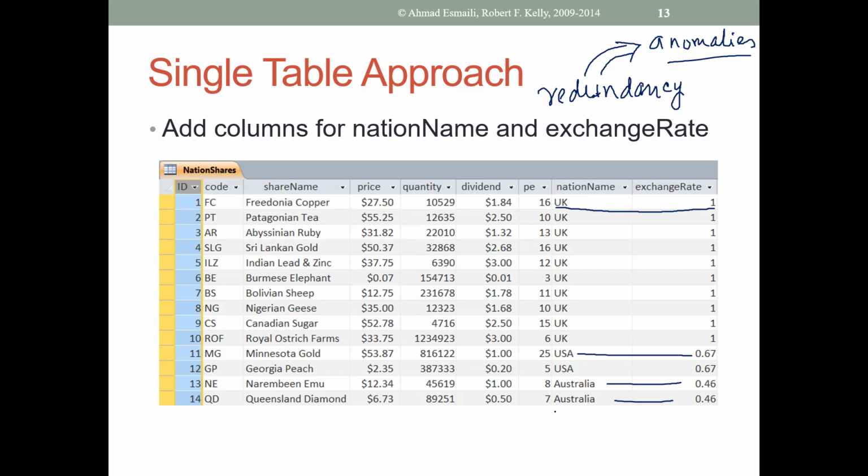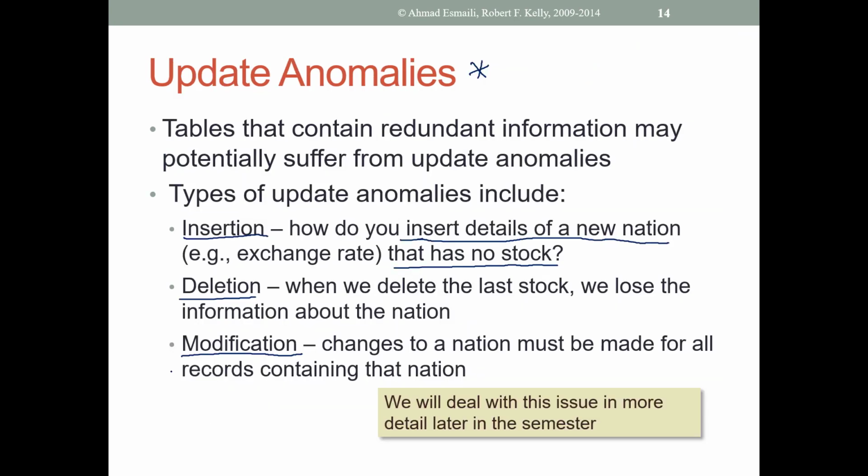Say you have a country called XYZ, which may have some exchange rate, 0.33, but you don't have any share there. Then the code, which is our primary key, would have a null value, which is not allowed. Primary key cannot be null, so you cannot insert that. You should have some value for the primary key, and only then can you insert.